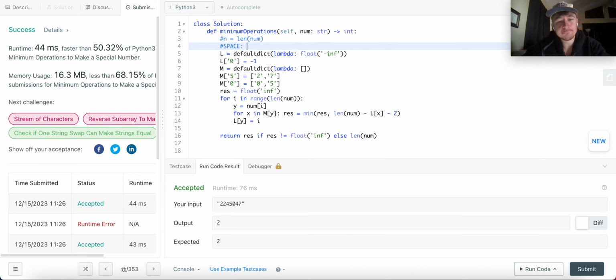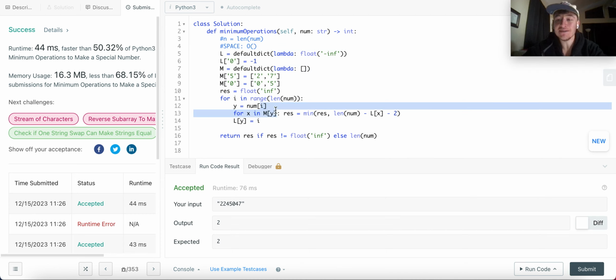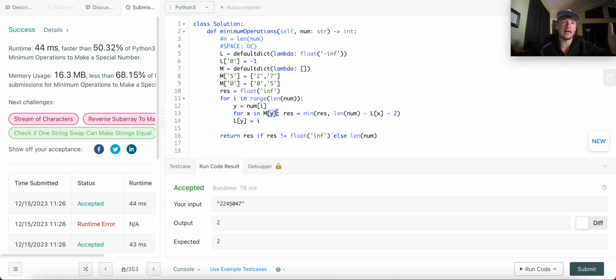For space, it's a little tricky, because you're saying, well, we create these two arrays, and these two arrays get updated throughout the whole array. So doesn't that grow proportionally with the number of elements? Well, no, because this array will never have anything more than 0 through 9, right? Because I'm always only looking at the last digits, and the digits can only be 0 through 9, at least in a base 10 system that we use, right?